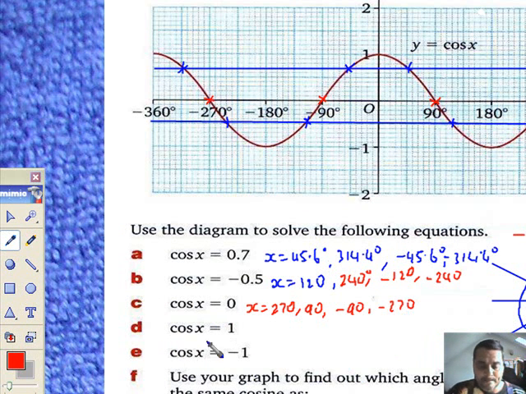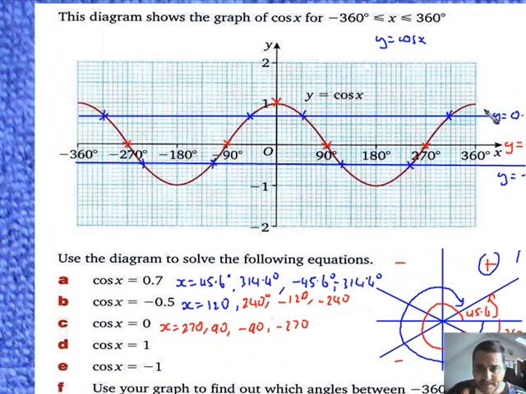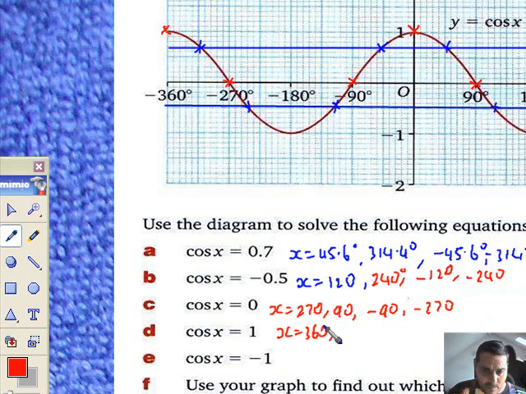Very, very simple. Here, cosine of x equals 1, so it peaks right there, and right there. 3 solutions. We have 360 degrees right there. The cosine of 0 is also 1, so it's 0 degrees.